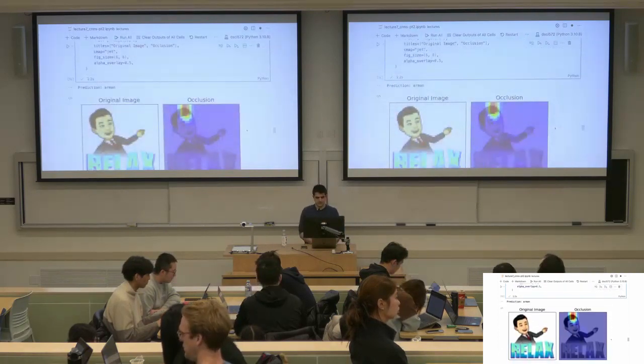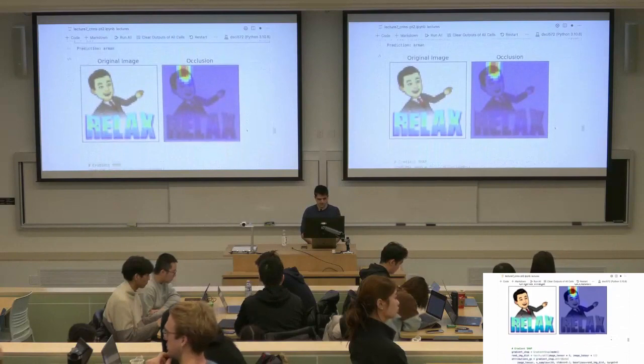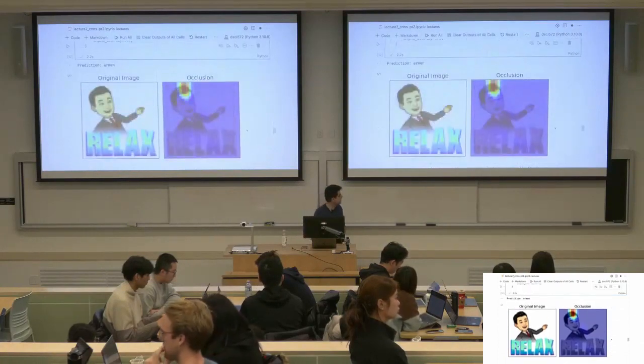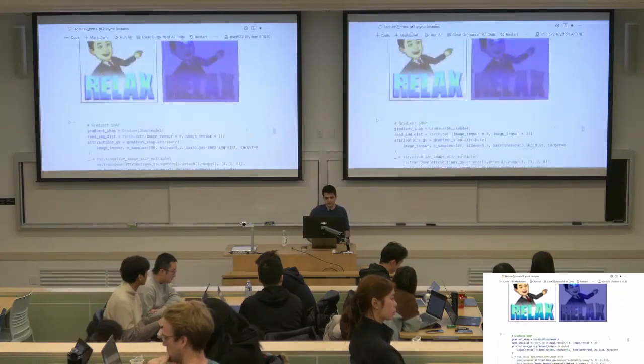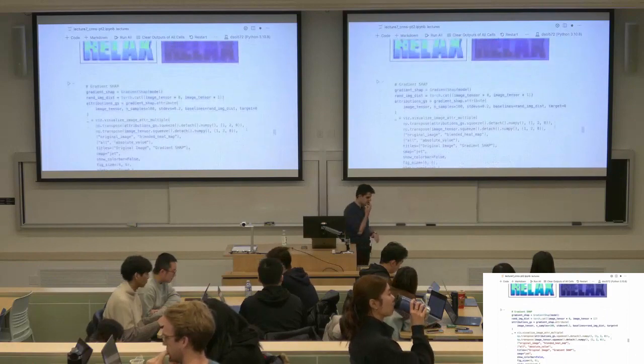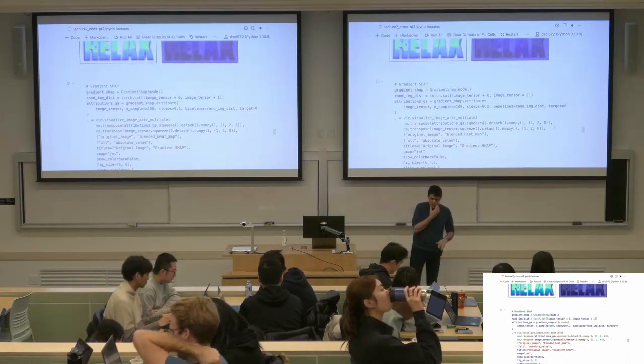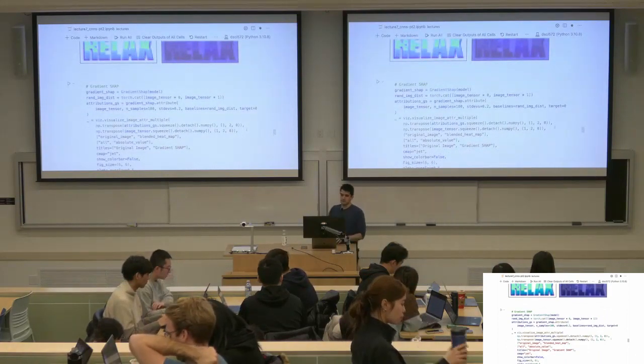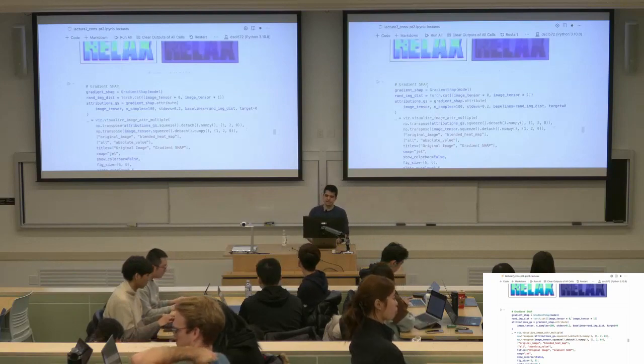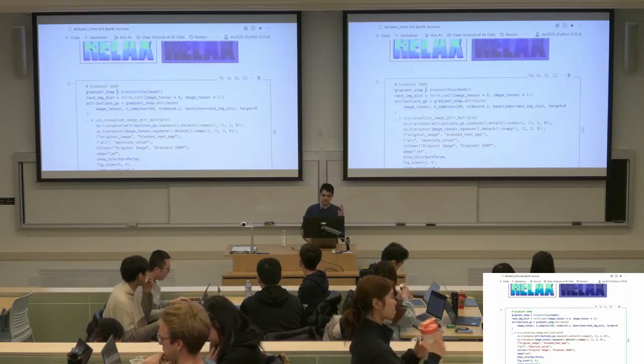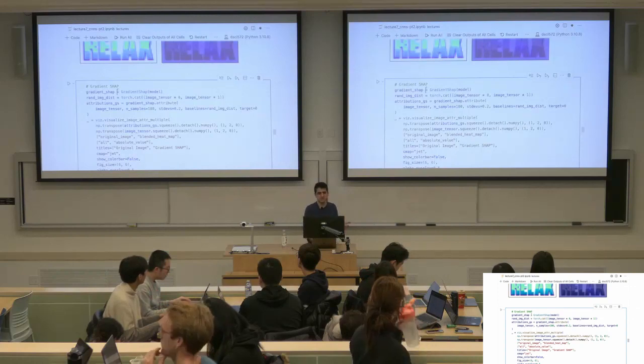So this is a relatively simple method. There are other more sophisticated methods, for example, the gradient of Shapley values. I guess this stands for Shapley additive explanation or something.